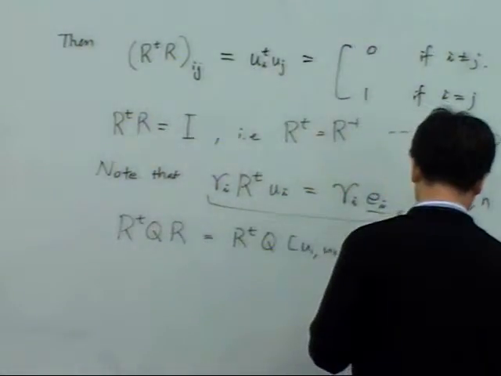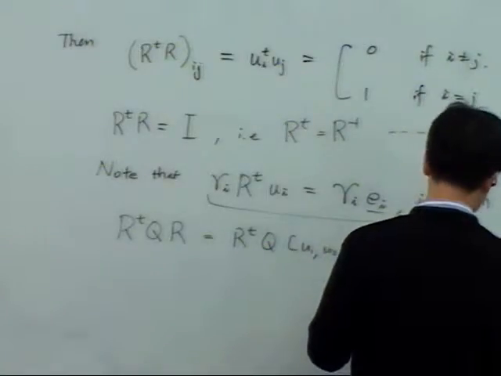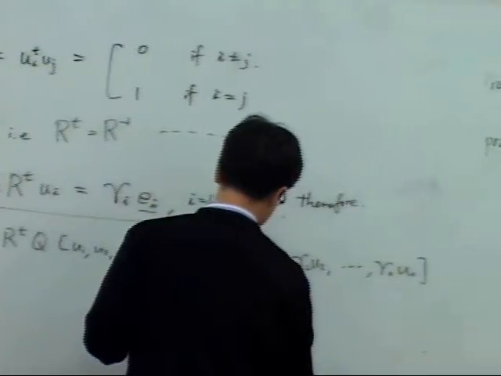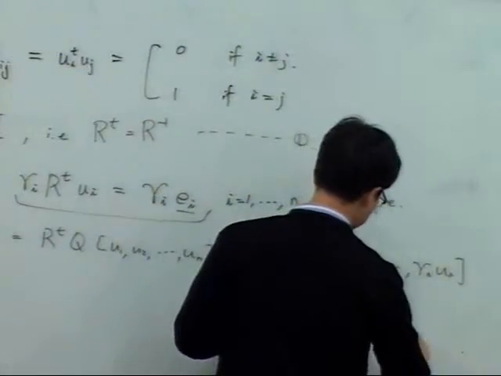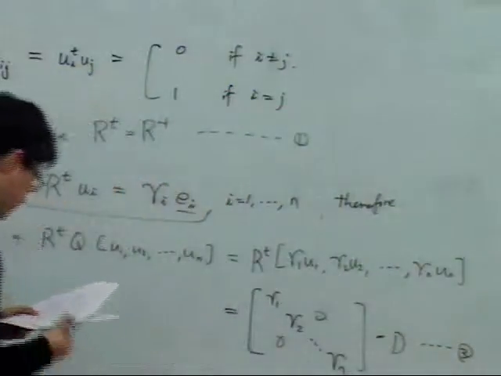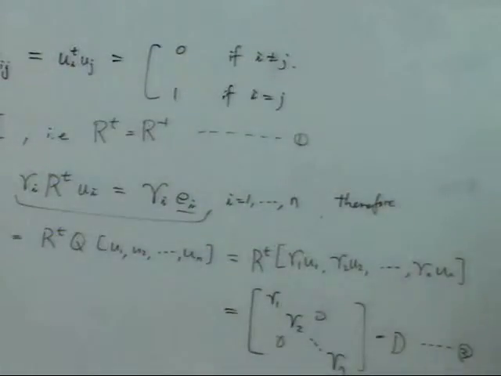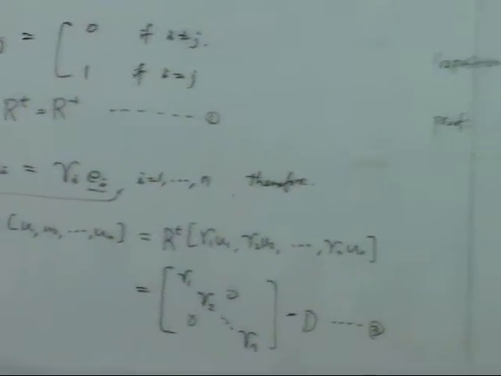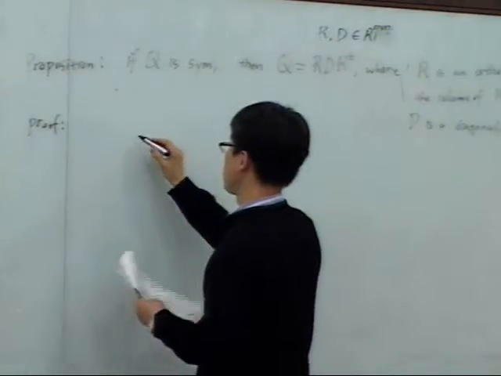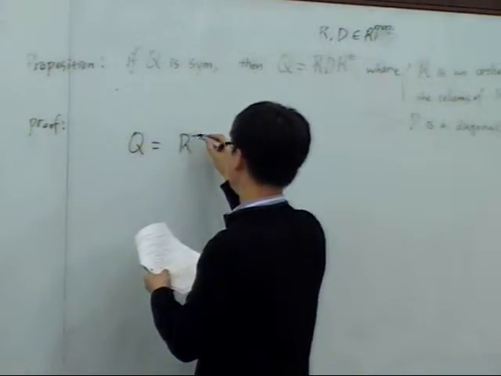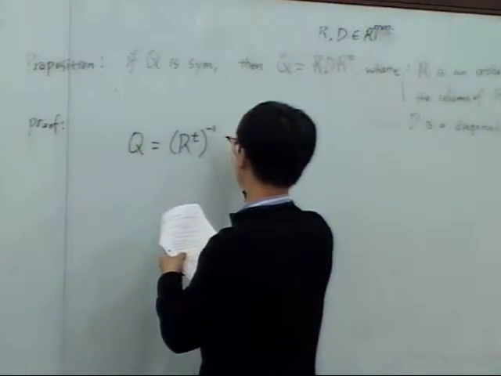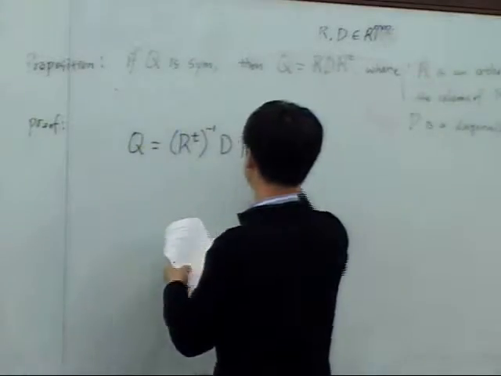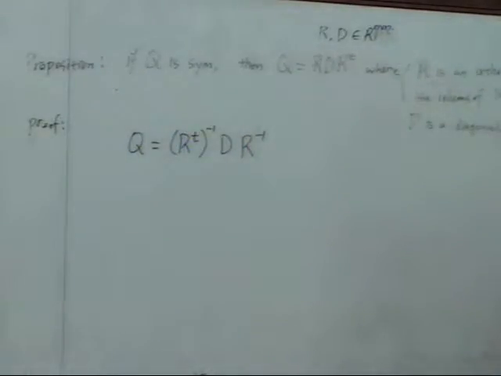So this one is nothing more than just a diagonal matrix, which is equal to D. From properties number 1 and 2, so Q is equal to T, right? This one is equal to D.